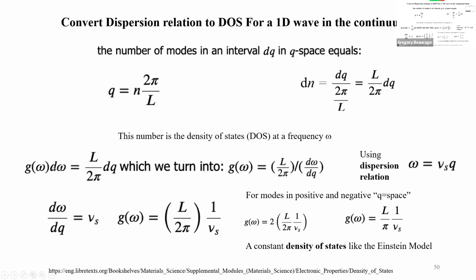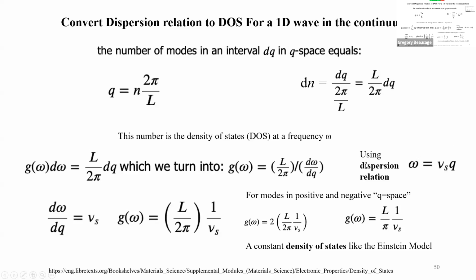The integral of the density of states, like how many have that frequency, is going to be dn from this expression, which will tell you how many have that frequency. N is how many, so dn is this differential density of states. You can take that, get this expression. If you integrate that, you get g(omega) is L over pi times d omega dq. If you take the derivative of dq, you find out it's the frequency. You just plug in the frequency, then you get a density of states.